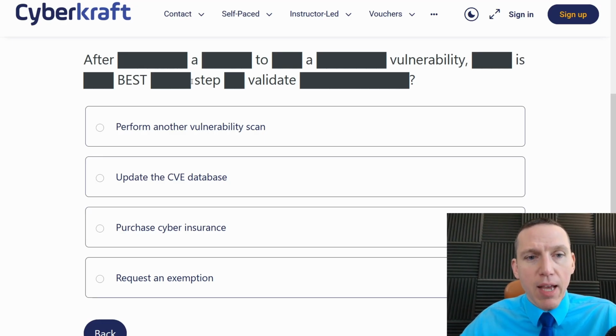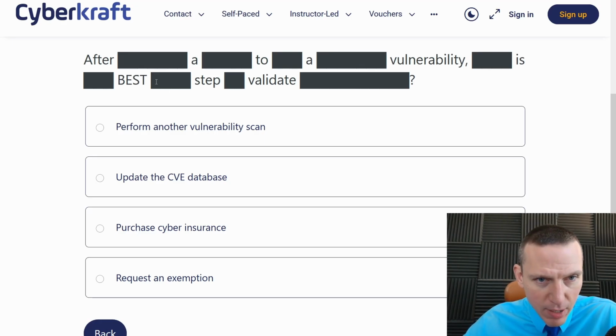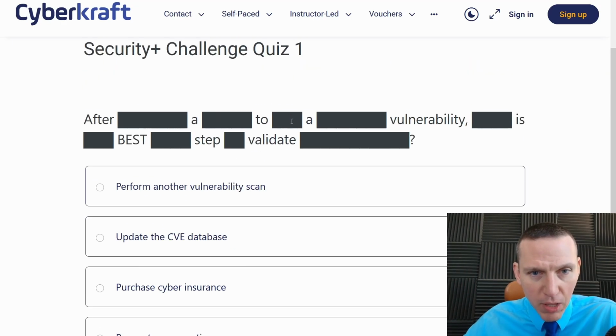The best next step to validate, that's 2 characters long, and that's consistent. 3, 4, and 2 characters, which means this would also be 3 characters long. So this would have to be 4 characters long, or maybe 5. What is the best next step to validate something?